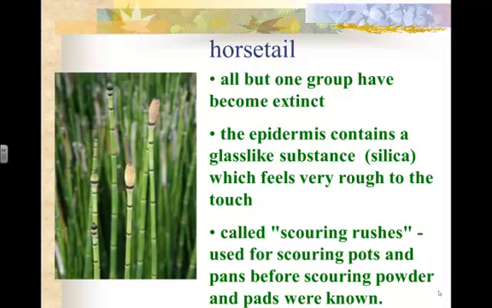Therefore, that makes its feel very rough. And so back in the colonial times, when you couldn't go to the store and buy a Brillo pad or an SOS pad or something to scrub your pots and pans, they actually went out and picked the horsetail, and they used it to scour their pots and pans before we had made SOS pads and Brillo pads.